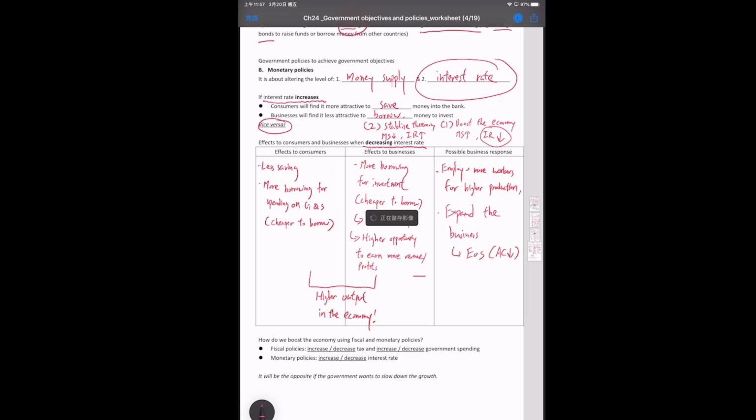The unemployment rate is going to go down because they want higher output. They need more workers for production, and probably they are going to expand the business. Because now it's cheaper to borrow, and if they are able to expand the business, they can enjoy higher economies of scale, and the average cost will be lower.